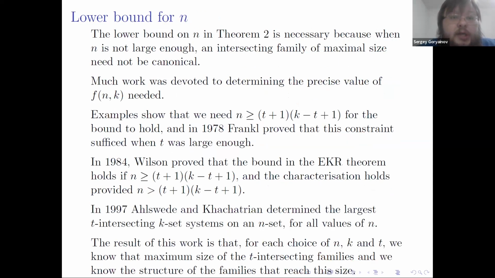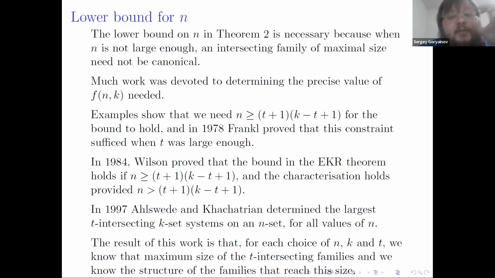The lower bound on n in Theorem 2 is necessary because when n is not large enough, an intersecting family of maximal size need not be canonical. Much work was devoted to determining the precise value of f(n,k,t) needed. Examples show that we need n at least (t+1)(k-t+1) for the bound to hold.